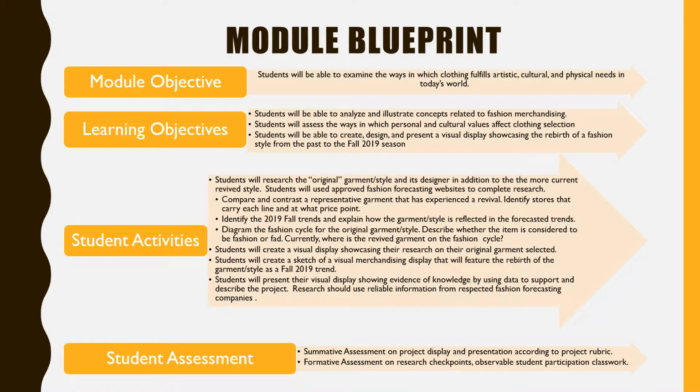Students shall be able to assess the rebirth of a fashion style from conception to the fall 2019 trends, illustrate and describe the fashion cycle for a specific garment or style from conception to the present day, identify prevalent fashion designers or brands that produce the garment, and design a fashion merchandising display showcasing the fashion item for a fall 2019 window display. Student assessments for this module will be both formative and summative.